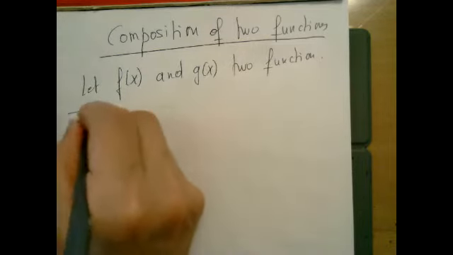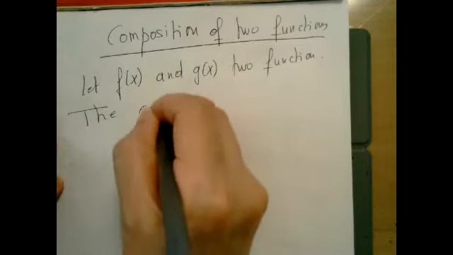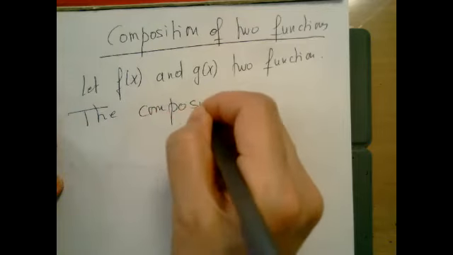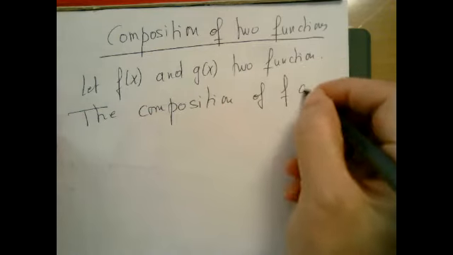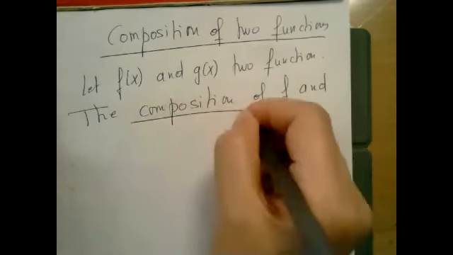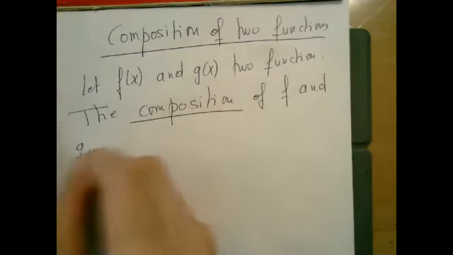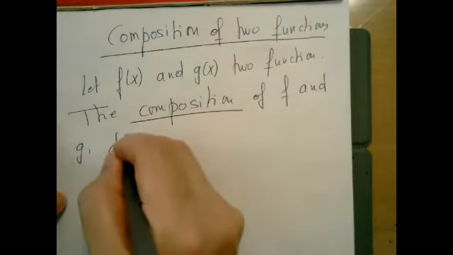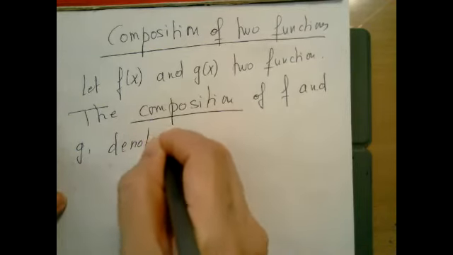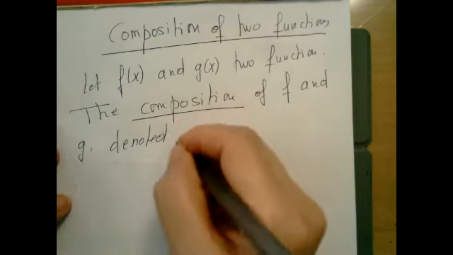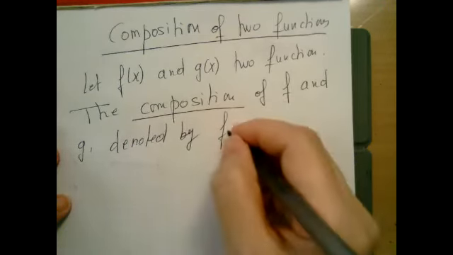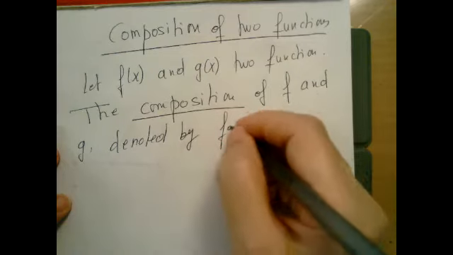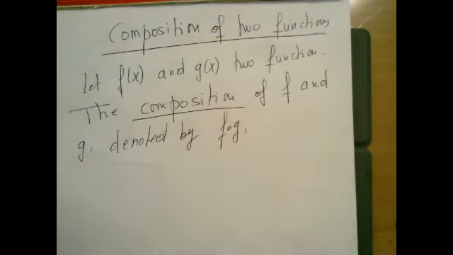So what's the composition of f and g? It's a new function that has a specific notation. It's denoted by f, little circle, g. So that's the notation. We're creating a new function.